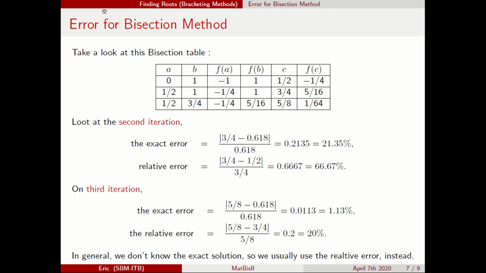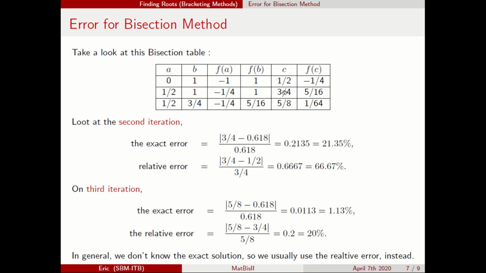So take a look at this bisection table. For the second iteration, the second row, this is your approximation for the second iteration, 3/4. This is your first approximation, corresponding to the first trial, a half.